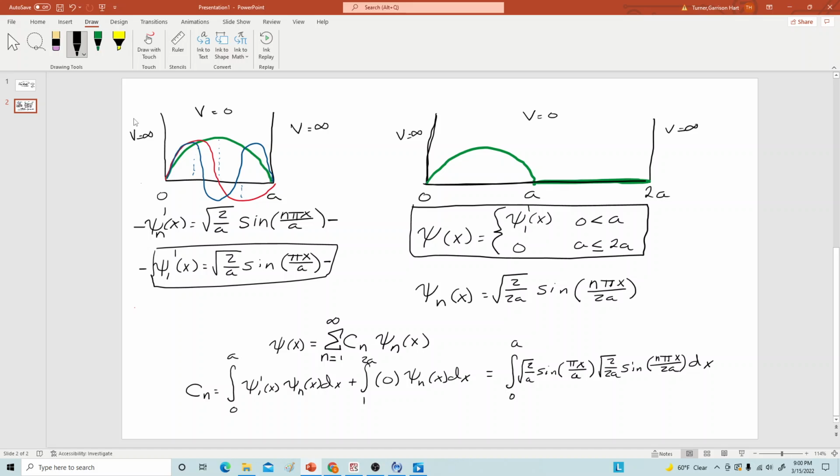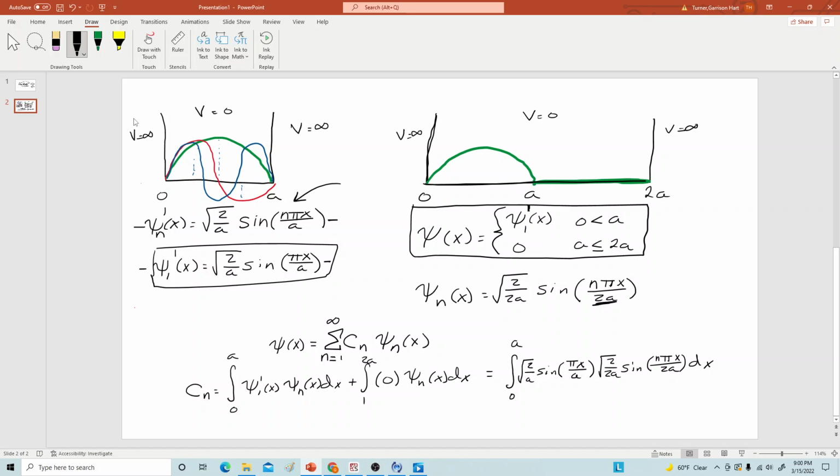And this is why I wrote a prime on the original function to differentiate it from the state in the expanded well. But the expanded well has states very similar to the complete set of stationary states in the original well. It's just that they're written with twice the width.